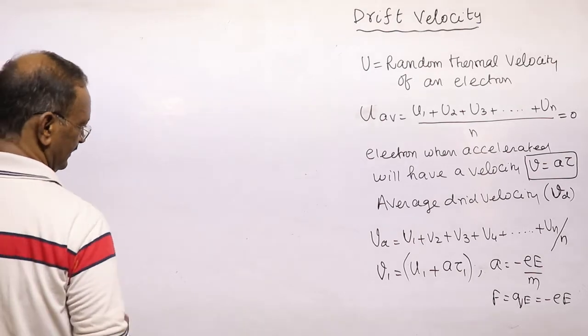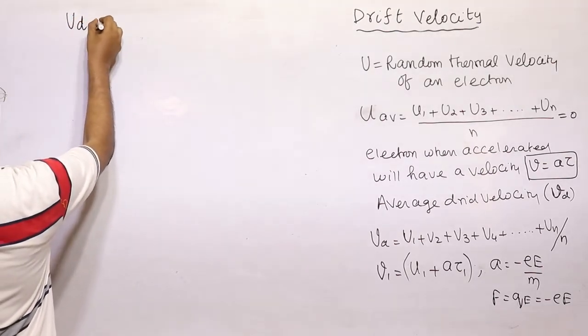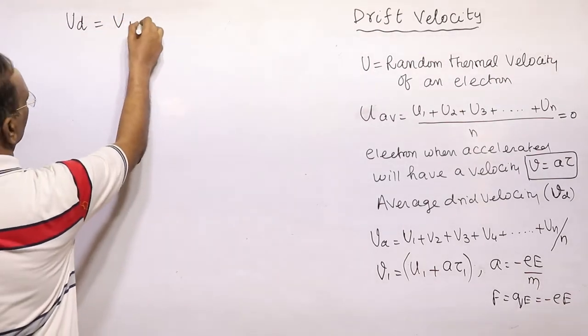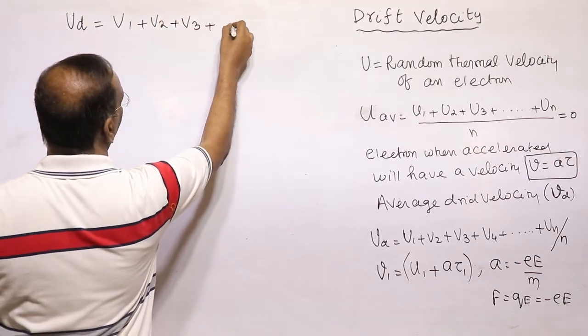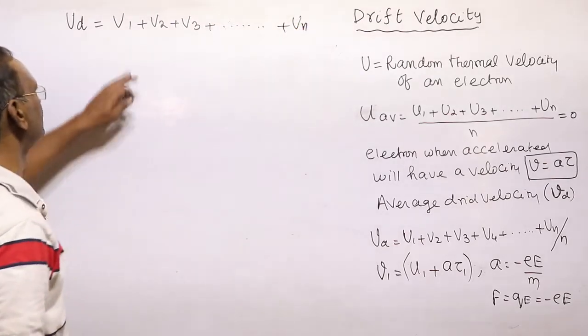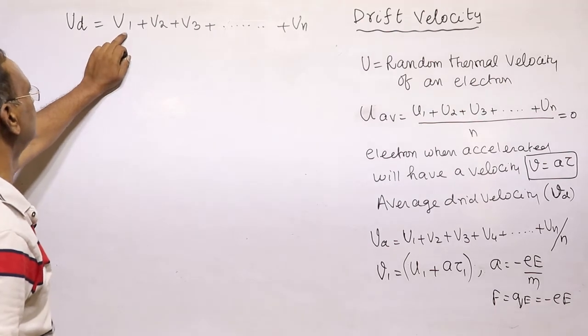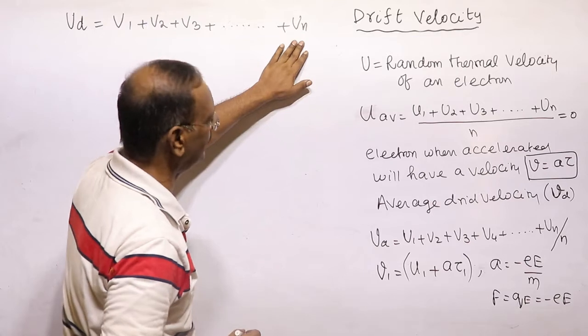So what is the net velocity? We can call it drift velocity. Net drift velocity is equal to V1 plus V2 plus V3 plus Vn, n number of, because this is net velocity: the velocity of the first electron, second electron, third electron, and nth electron.